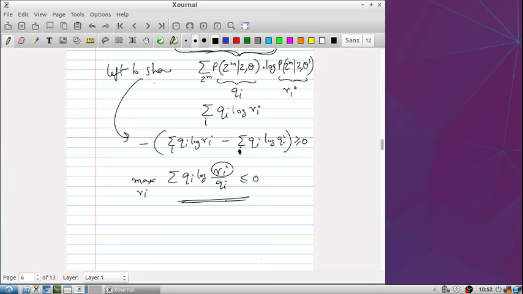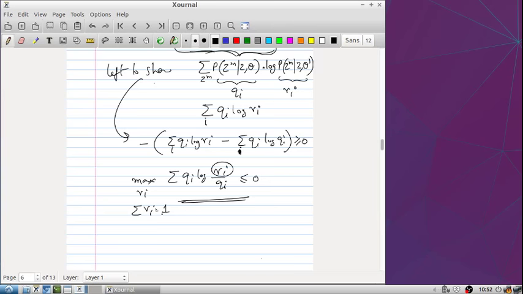Okay. But with one interesting thing which I did not write, sum of Ri is equal to 1. These are all distributions, right? There was a conditional distribution here. There's a conditional distribution here. So sum of qi is actually equal to 1 and sum of Ri is also equal to 1. Okay, that I need to remember. It's an important constraint actually.